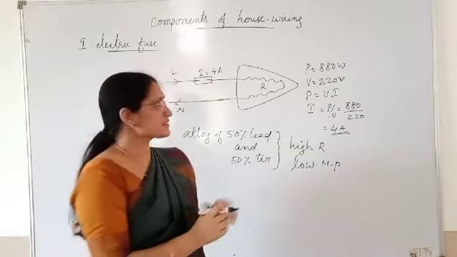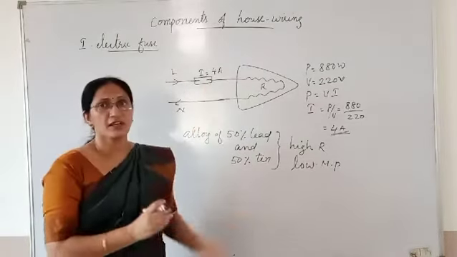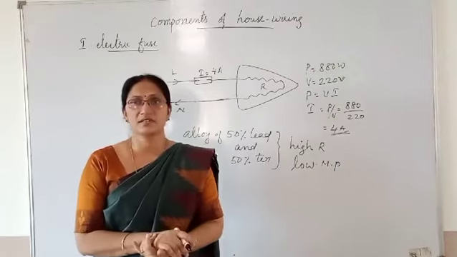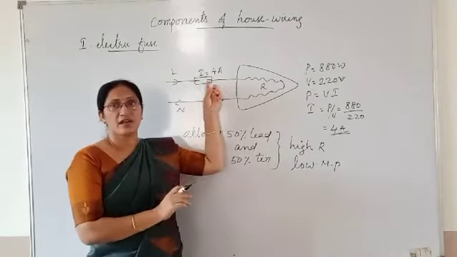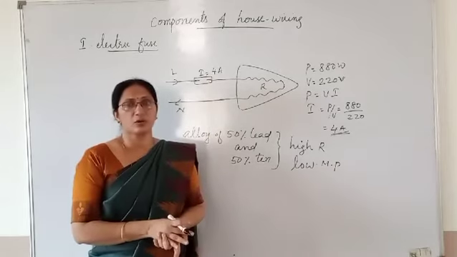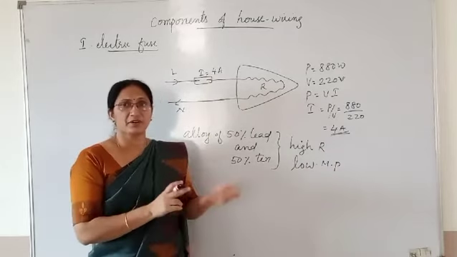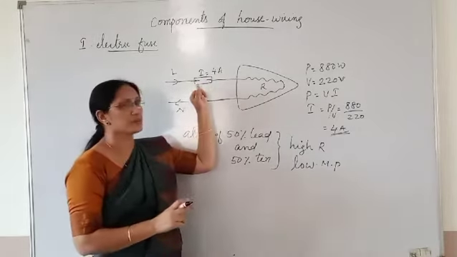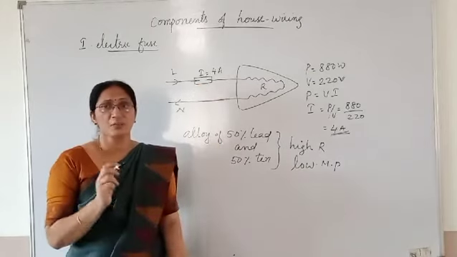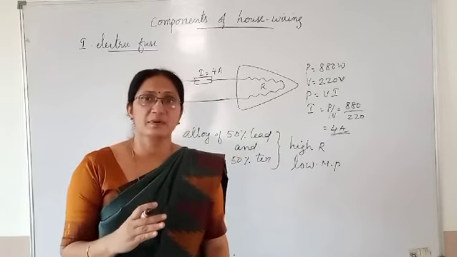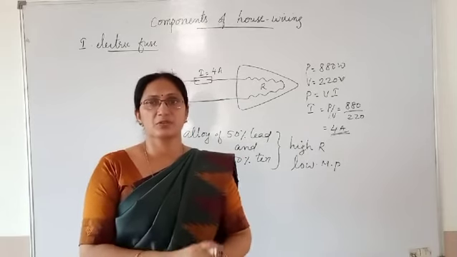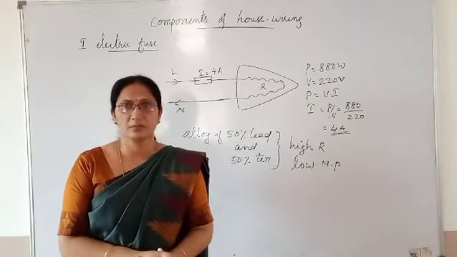And the difference is, in case of fuse, the heating effect of electricity is the working principle. This wire should get heated and thereby it breaks whenever overloading happens. So, the heating effect of electricity is the working principle of this type of fuse. But in MCB, its working principle is the magnetic effect of electricity. It is a very important point.